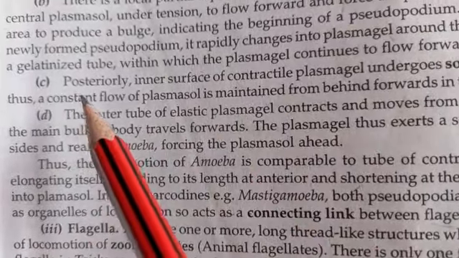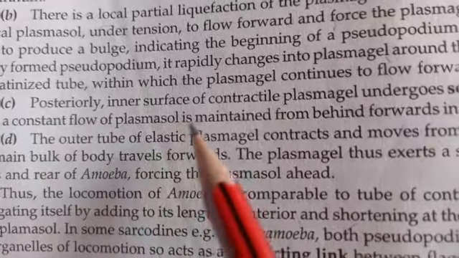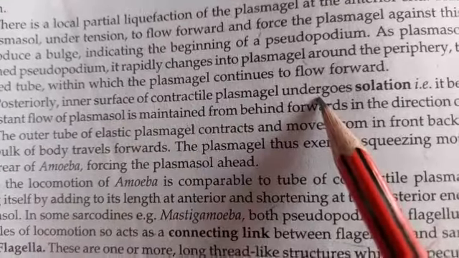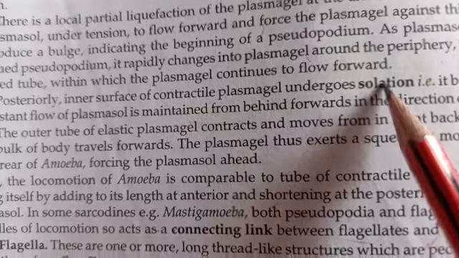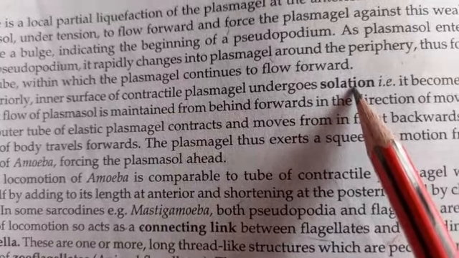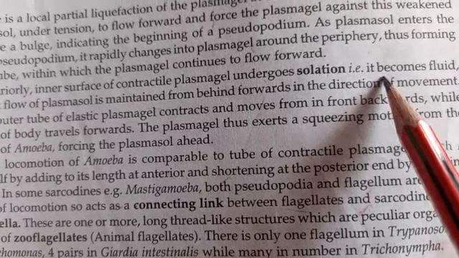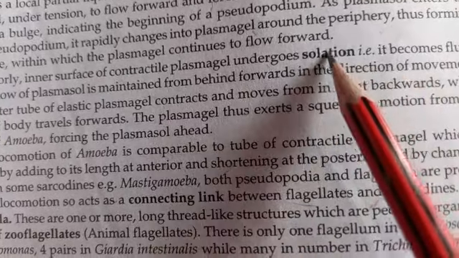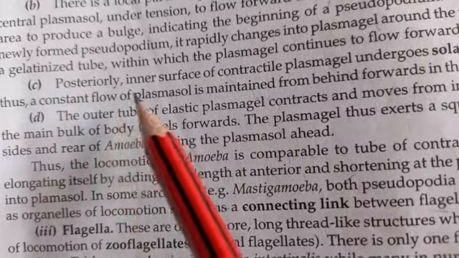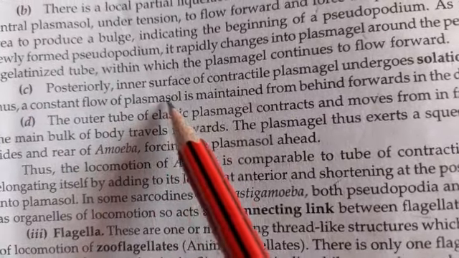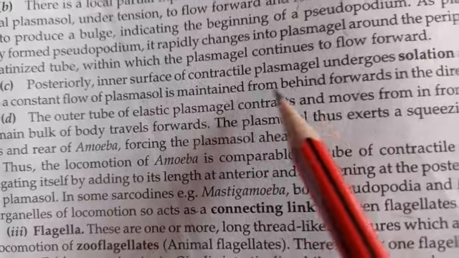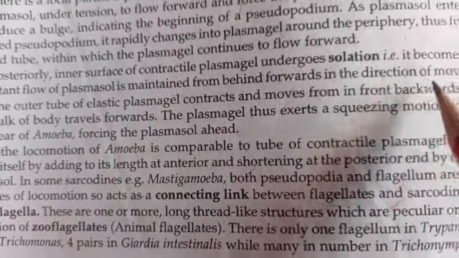Now next, what happens on the posterior side: the inner surface of the plasma gel undergoes solation. So on the posterior side, solation takes place. The vacuum which is created, because the fluid has already moved forward, so solation takes place. Now there is a constant flow of plasma sol, or the solution is maintained from behind forward towards the direction of movement.